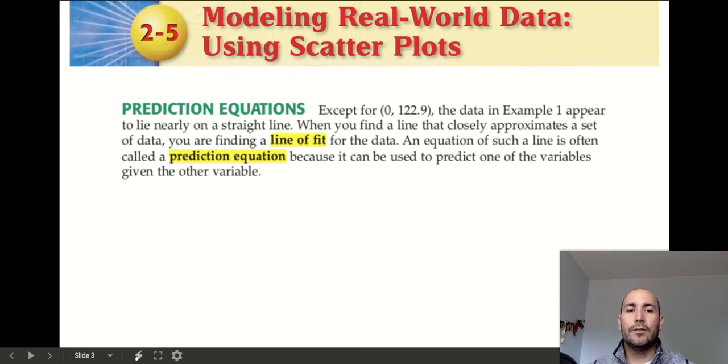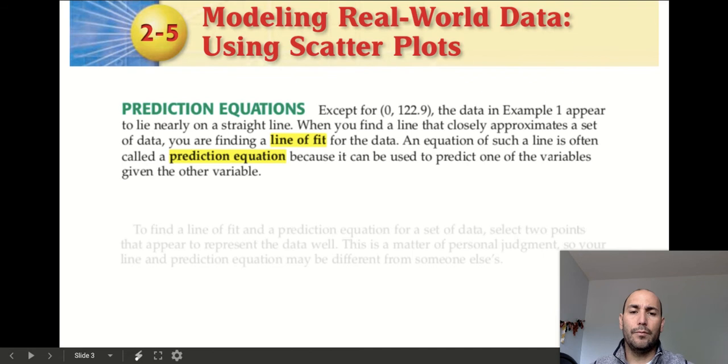An equation of such a line is often called a prediction equation because it's the equation of that line that most likely will predict the pattern of behavior for that data, because it can be used to find one of the variables given another variable.